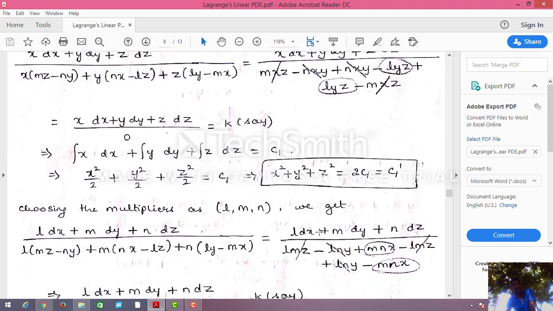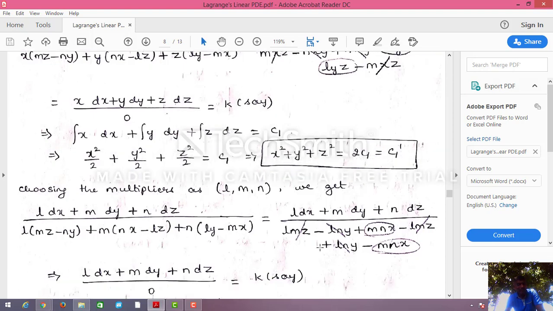Now you will write l dx plus m dy plus n dz equal to lmz minus lny, mnx minus mlz, nly minus nmx. After this, if you add, three positive terms and three negative terms are there, so you will get 0. So now l dx plus m dy plus n dz equal to k.